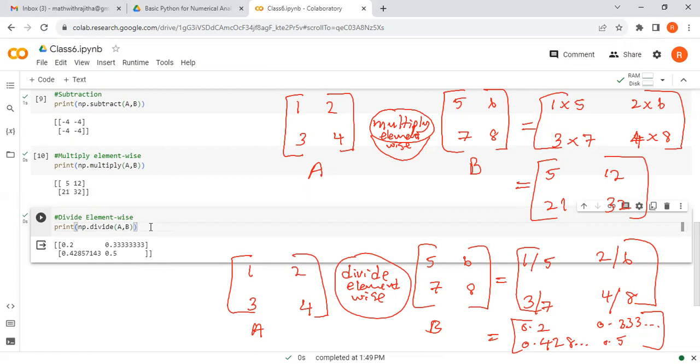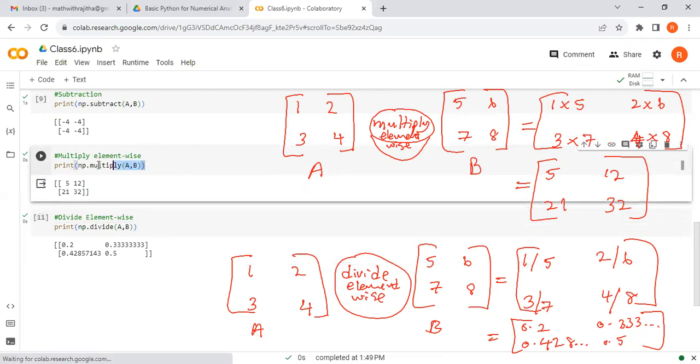Now we have to note here that in the earlier command, multiply, we multiplied element wise. We multiplied the corresponding elements in the matrices. But this is not the matrix multiplication. Matrix multiplication is something different. Let me clear this one.